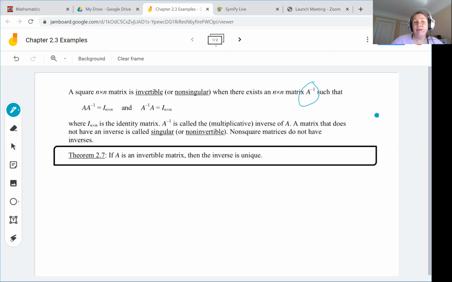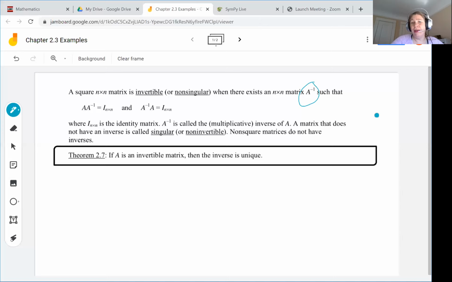And such that if we multiply in the opposite order, A inverse times A also gives us the identity matrix. So because our inverse works in both directions, that's why we have to have a square matrix. So any matrix that is not square is singular, not invertible.